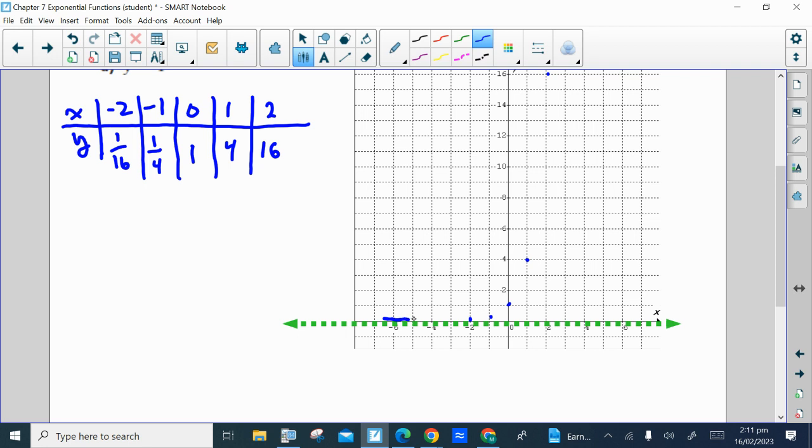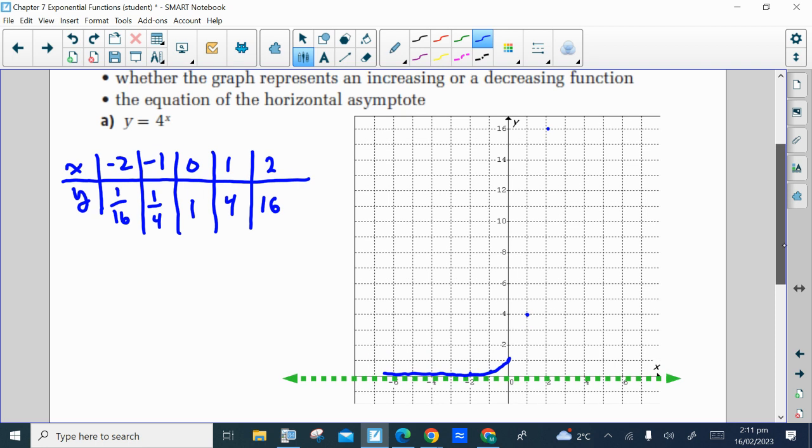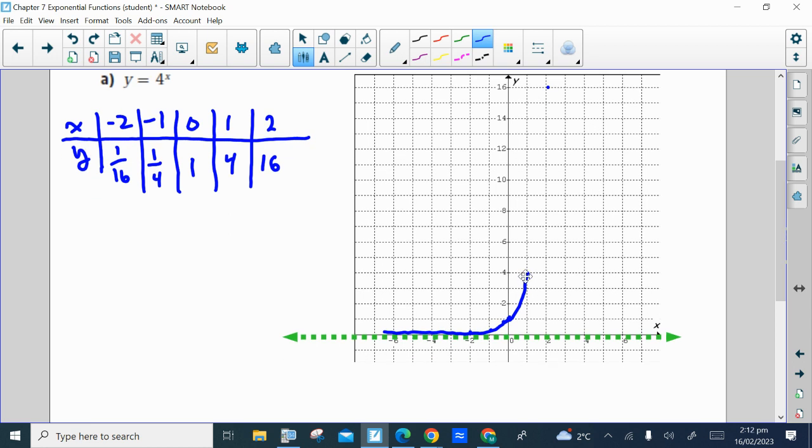The x-axis is a horizontal asymptote, and the values of y will start to decrease. You should also realize that it doesn't really matter what the base is, the y-intercept will always be 1, because no matter what the base is, anything to the power 0 always equals 1.